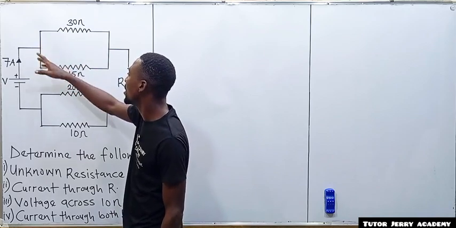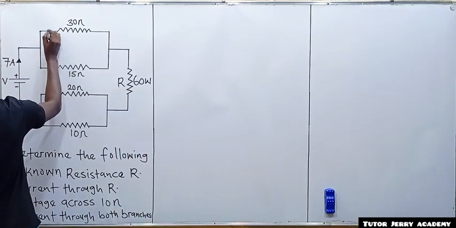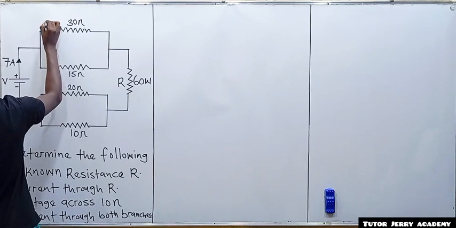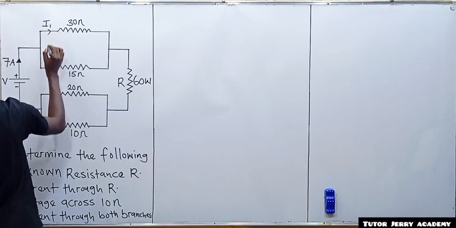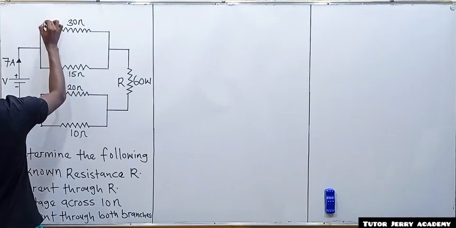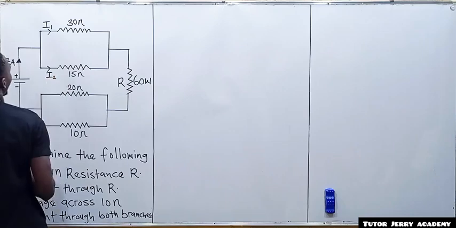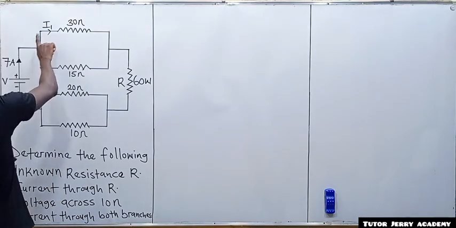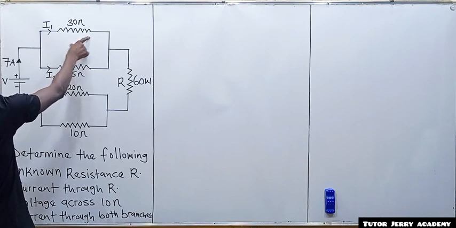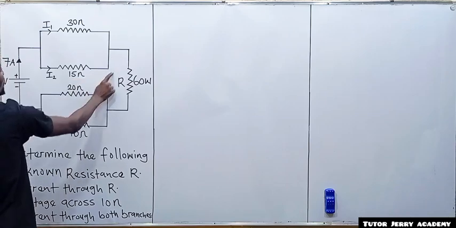Let's call the current entering here I1, and the current entering here I2. I1 will go through 30 ohms, and I2 will enter 15 ohms.